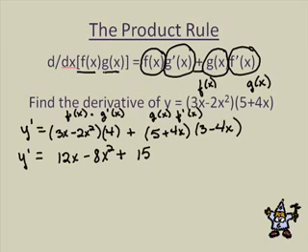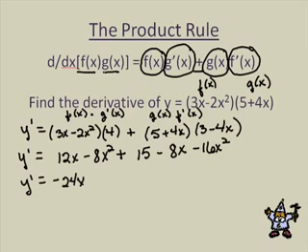Inside we get 12, so minus 8x, minus 16x squared. So when we combine, we get negative 24x squared plus 4x plus 15.